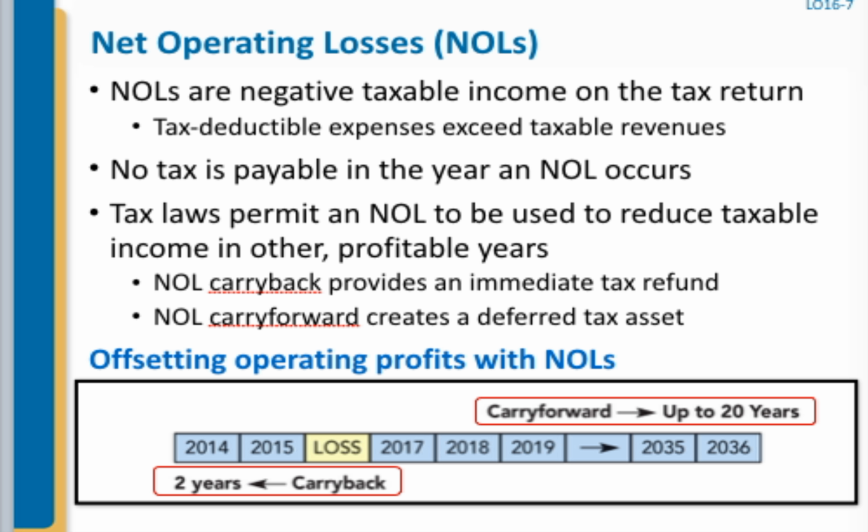Similarly, if you're already established as a company and you decide, hey, now's a good time to invest more in my company and grow, that may cause an already established company to lose money for a couple of years. Well, now, not only can you carry it forward, and maybe because of your growth, even the first couple of years you're not going to make a lot of money, and so you're not going to get charged a lot of taxes. But maybe in the 2 years before, you had made a ton of money, and that's what facilitated this growth.